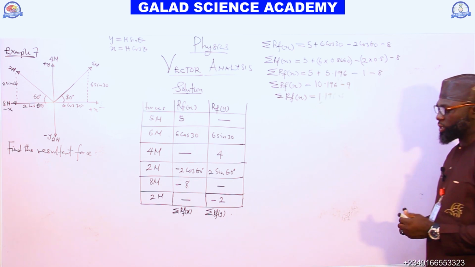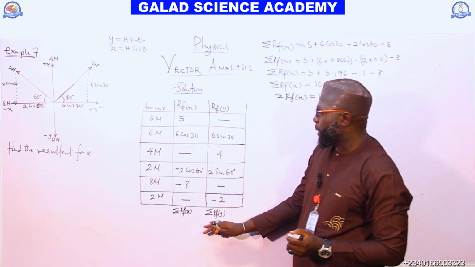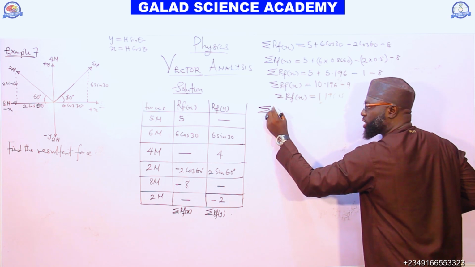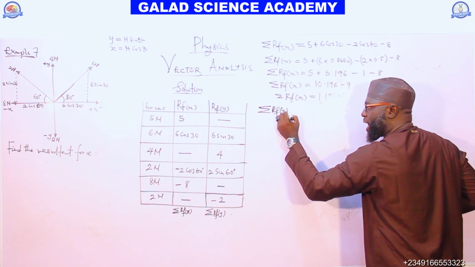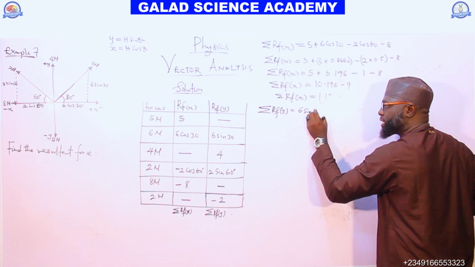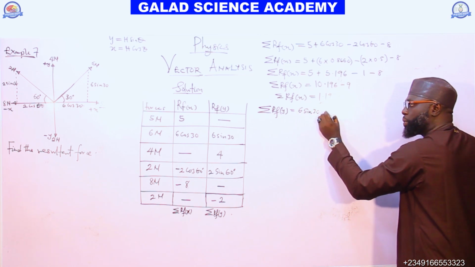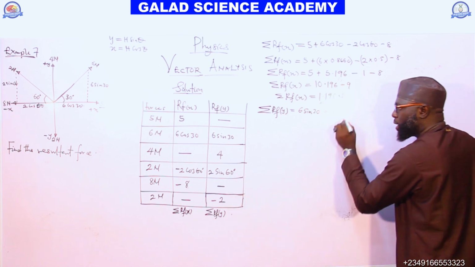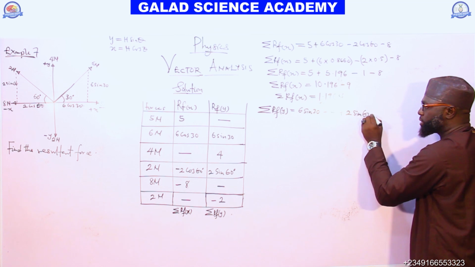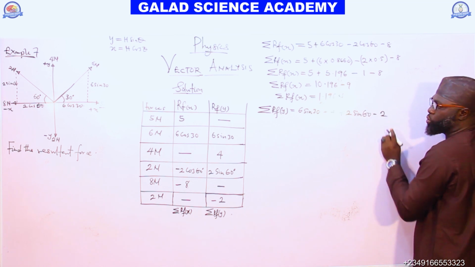So the next one is the resultant force for y axis. Sum of resultant force for y axis will be 6 sin 30 plus 4 plus 2 sin 60 minus 2.